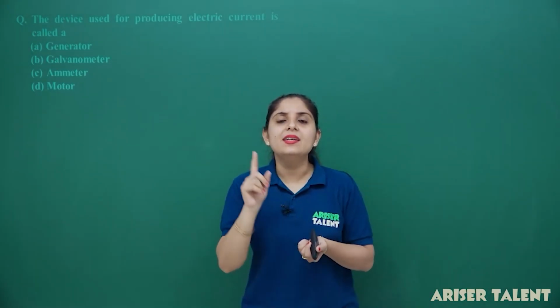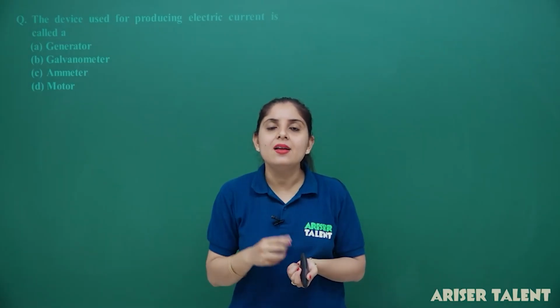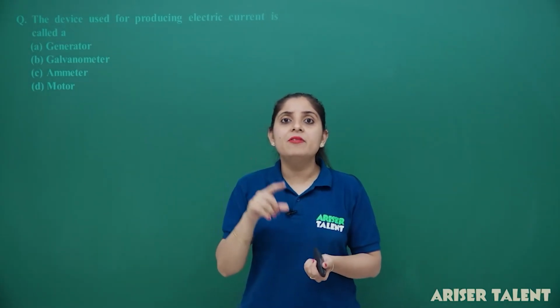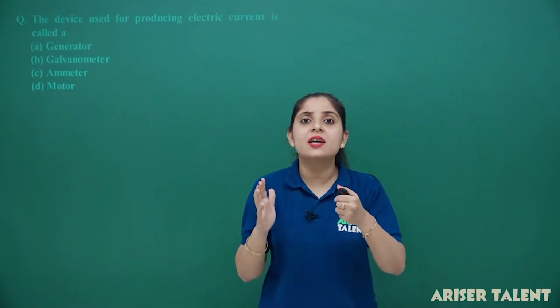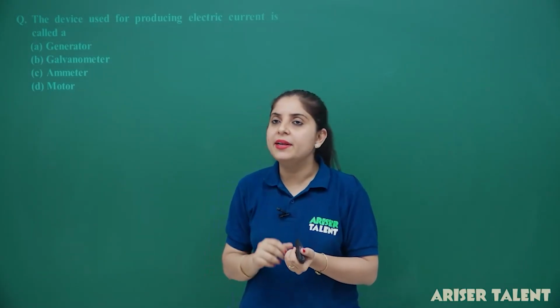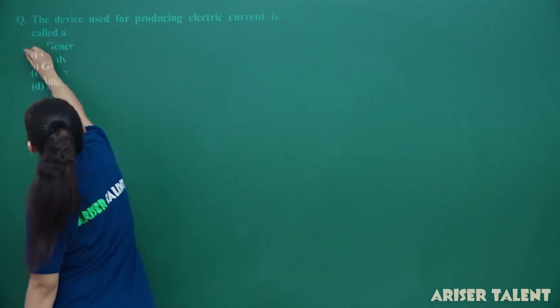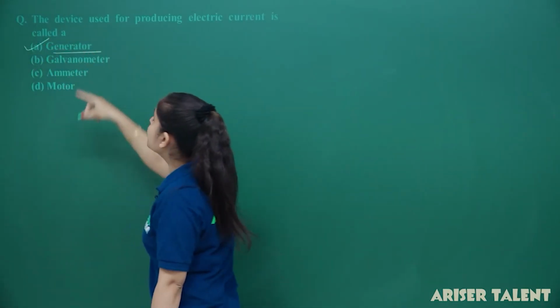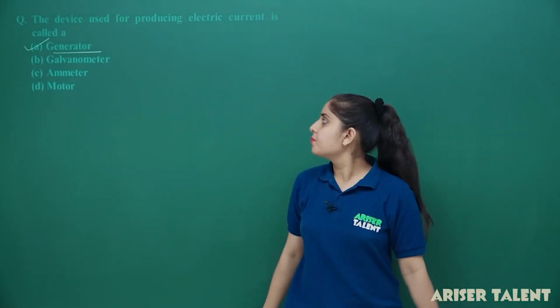Ammeter and galvanometer are apparatus used to detect the strength of the current. But the device used for generating electric current, meaning the device which converts mechanical energy into electrical energy, is only the generator. So which is the correct option here? Option A is correct, that is generator. It is used to convert mechanical energy into electrical energy.